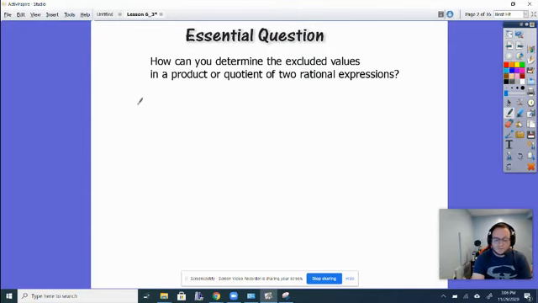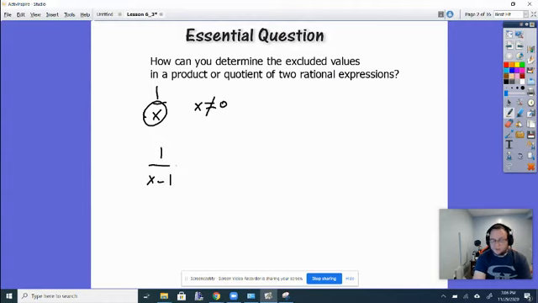So remember, let's make it even simpler. Let's just say 1 over x. I have a problem if x is 0. If x is 0, then I'm dividing by 0. So x cannot be 0. It can be any other number, just not 0.